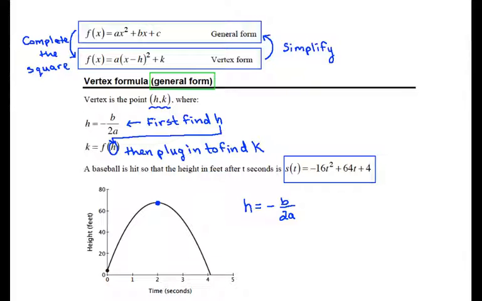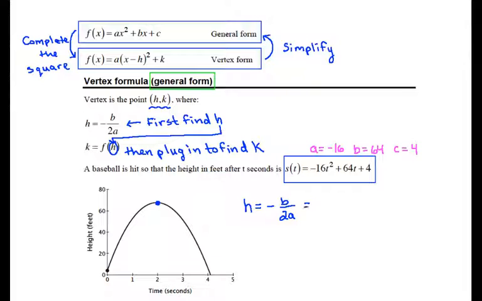This is ax squared plus bx plus c, or in this case my input variable is t, but still my a, b, and c are just the coefficients. So a is negative 16, the coefficient of the first term, b is positive 64, and c is positive 4. I don't really use c in the vertex formula, but let's go ahead and write this down.